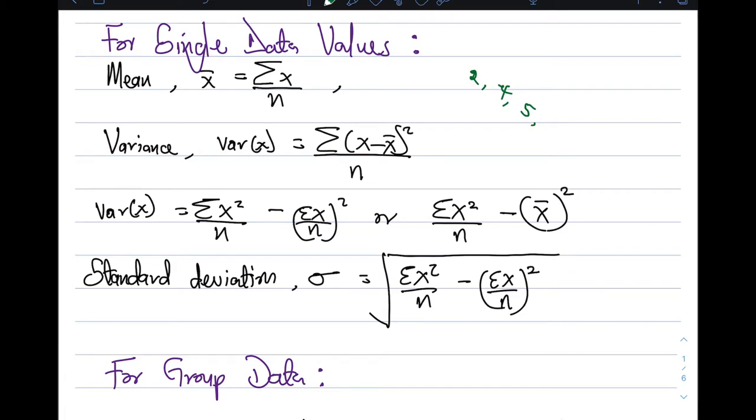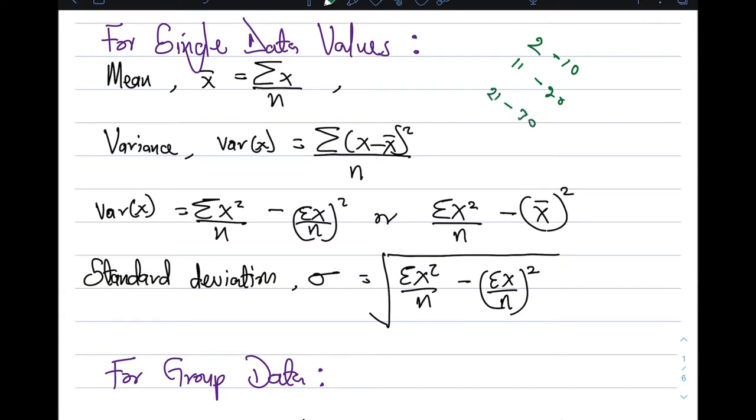Now, when we talk about group data, it means that we are going to check maybe the ages of the people, but within certain intervals. So maybe we are going to record the ages of people who are from 2 to 10 years, then from 11 to maybe 20 years. Then we will check the ages of people maybe from 21 to maybe 30 years.